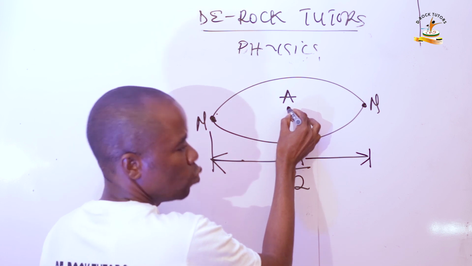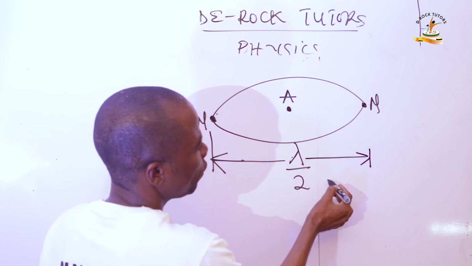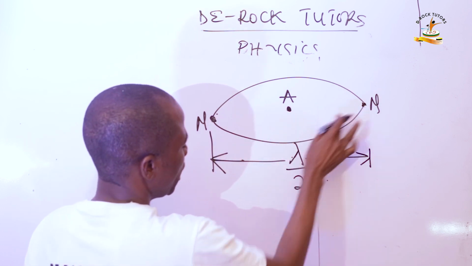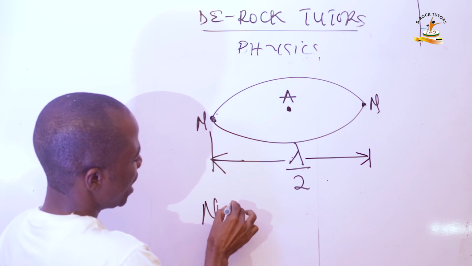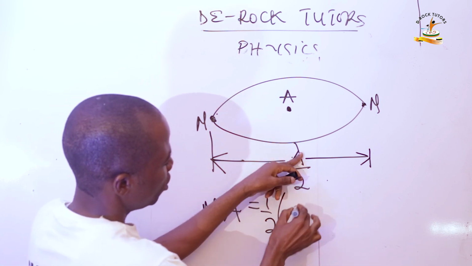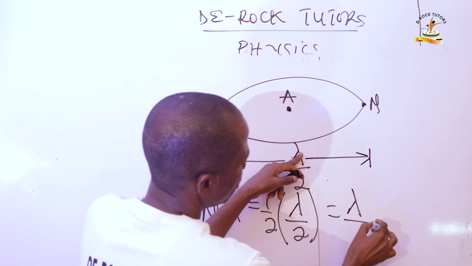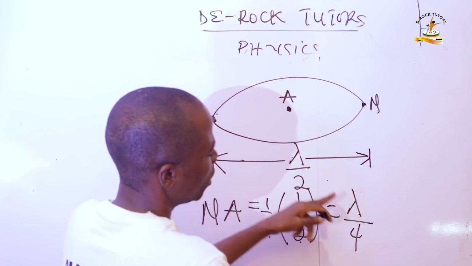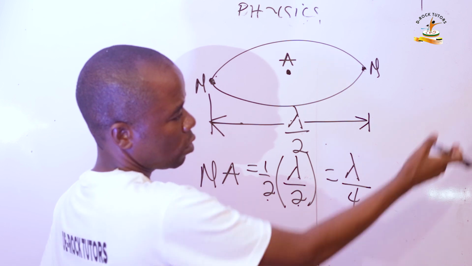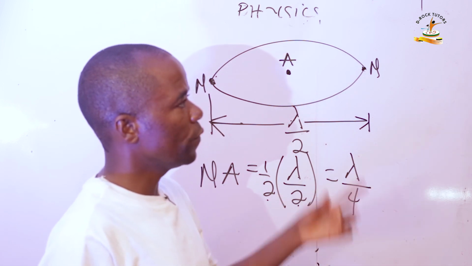Since node to node is half of a wavelength, then node to antinode is half of node to node. So between a node and an adjacent antinode is going to be half of lambda all over 2. That gives us lambda all over 2 times 2, that's 4. That's going to be a quarter of a wavelength. So the correct answer is option D, quarter of a wavelength.